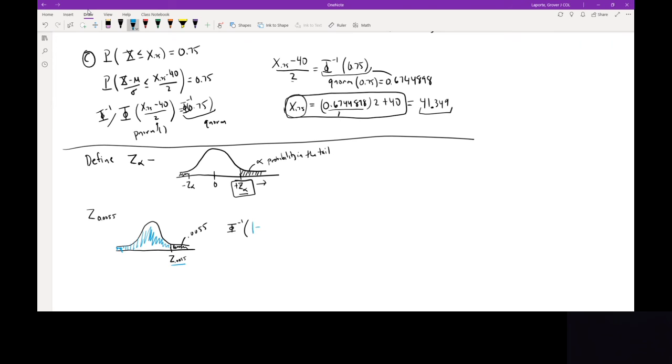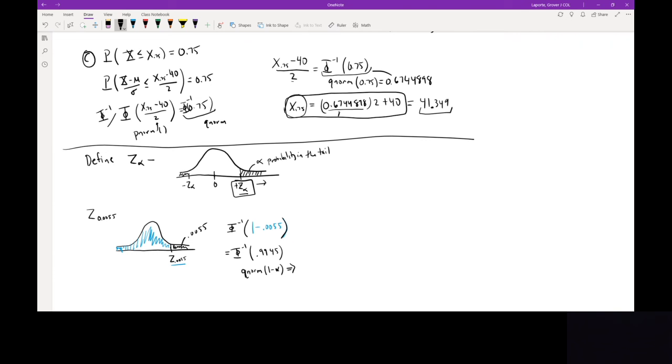So it needs to be 1 minus 0.0055, which is 0.9945. Yes, I do need a calculator sometimes to do this. So qnorm of 1 minus alpha gives us our value.